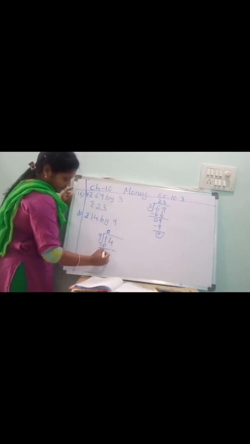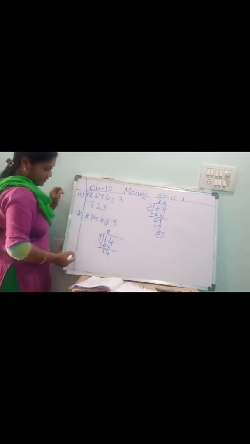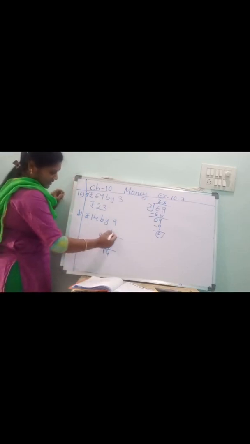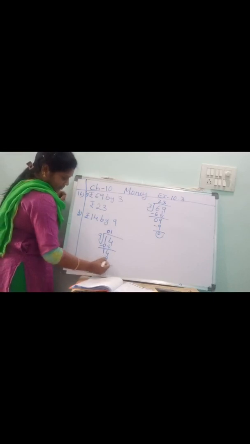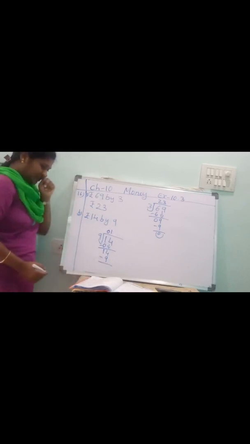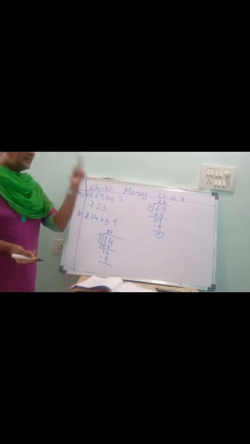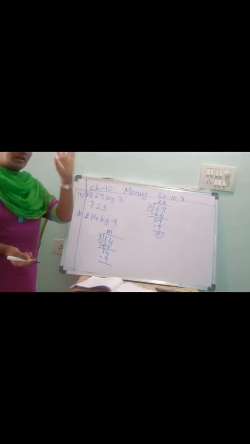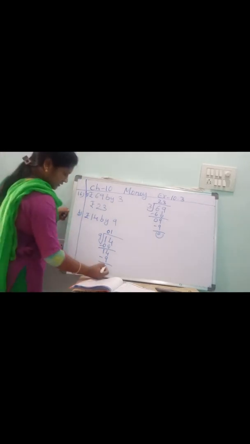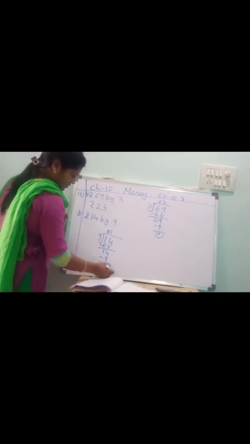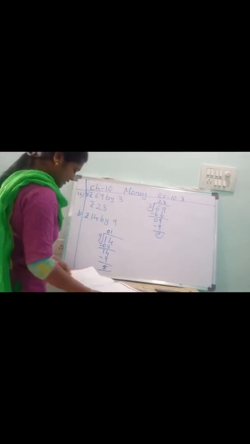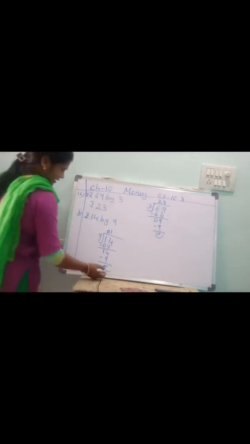Okay. 1 down. Again this 4 take down. Now 14. 9 ones are 9. In the 14, 9 should be minus. After 9, up to 14 you should count: 10, 11, 12, 13, 14. How many fingers? 5. That 5 carry forward. See? What is that? This is remainder.